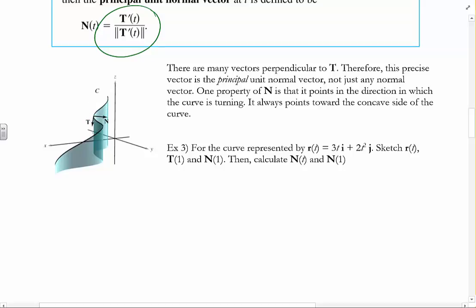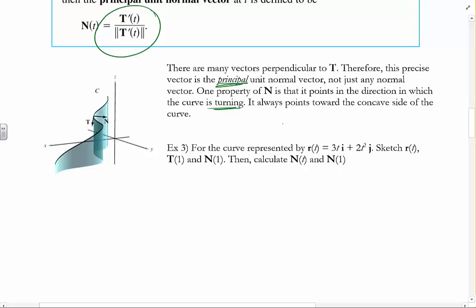That's not what we're talking about. The principal unit normal vector isn't just any normal vector. It always points in the direction in which the curve is turning. It points inward. So if we look at this picture, here's the unit tangent vector, there's the principal unit normal vector, and we are going to go through and calculate it.